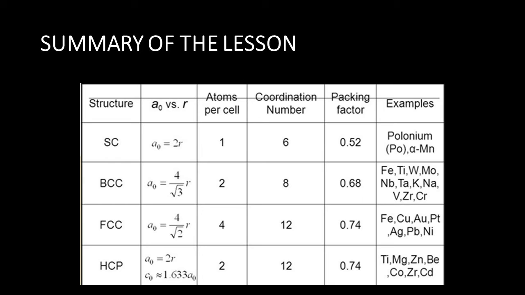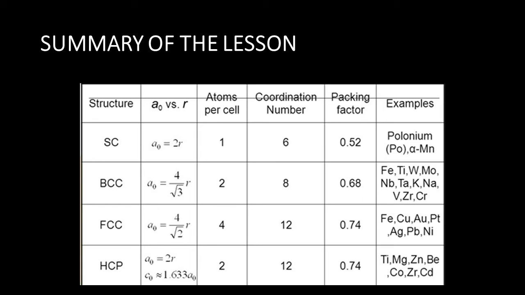Before we go to the equations and problem solving, let's summarize the important parts of the lesson. SC or simple cubic has the relationship a equals 2R, atoms per cell only one, coordination number 6, packaging factor 0.52, example polonium. While in BCC, remember this value: a equals 4R over square root of 3.